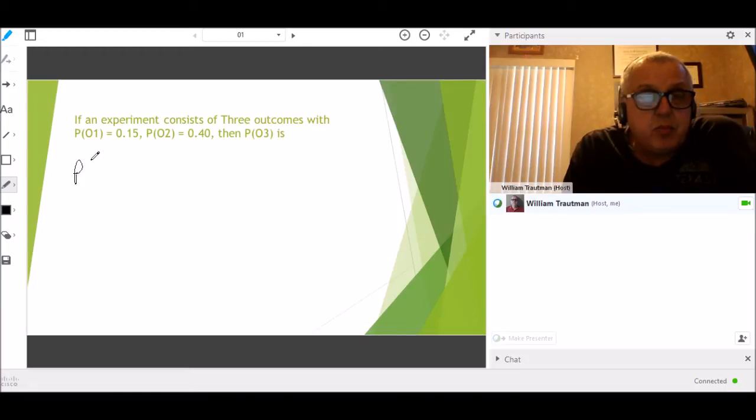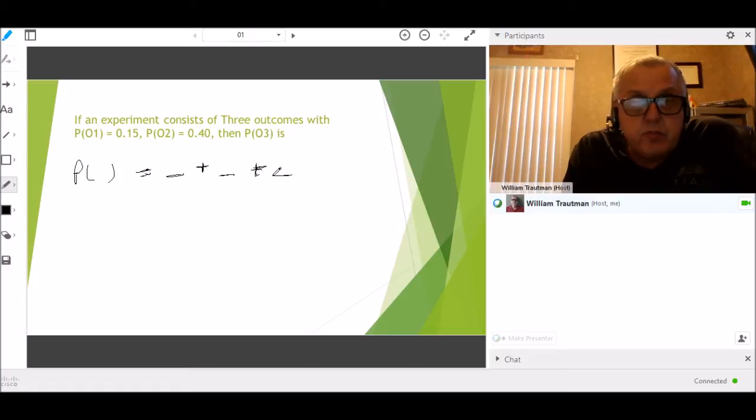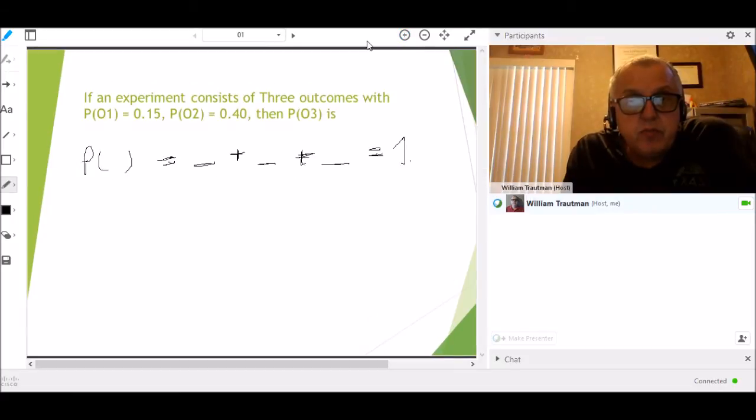When you add them up, however many there are, and in this case there are 3, the sum of the probabilities is going to equal 1.